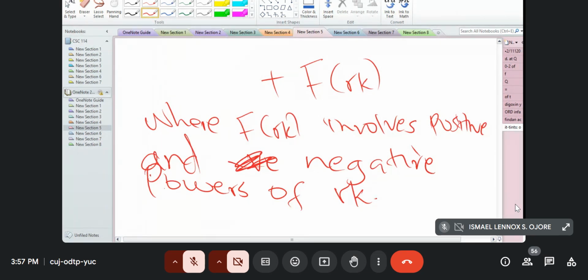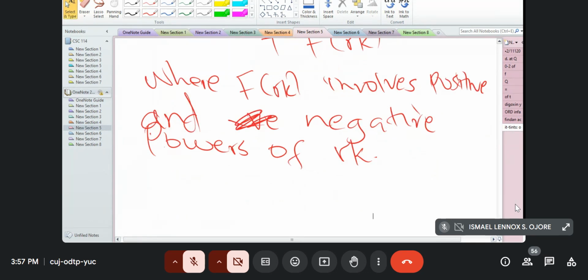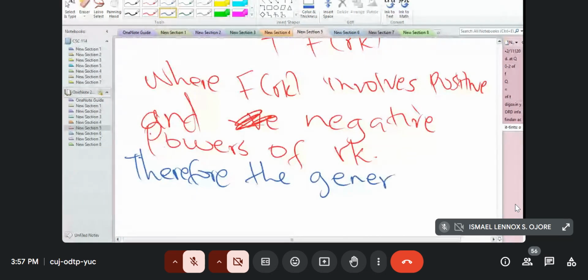Anyways, let's give the general solution. We need to give the general solution of Laplace equation in cylindrical coordinates.